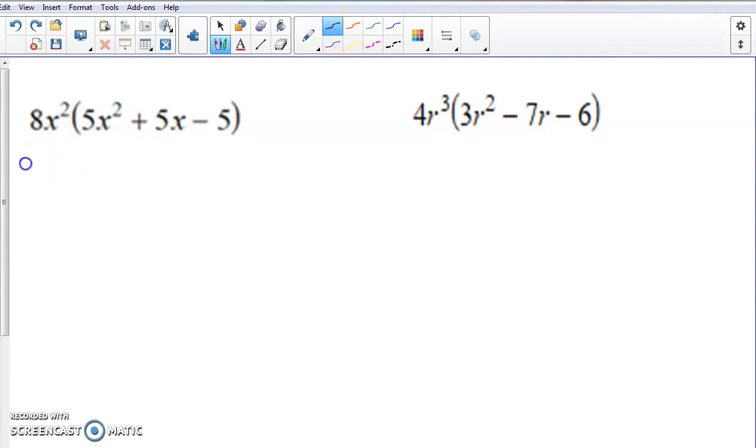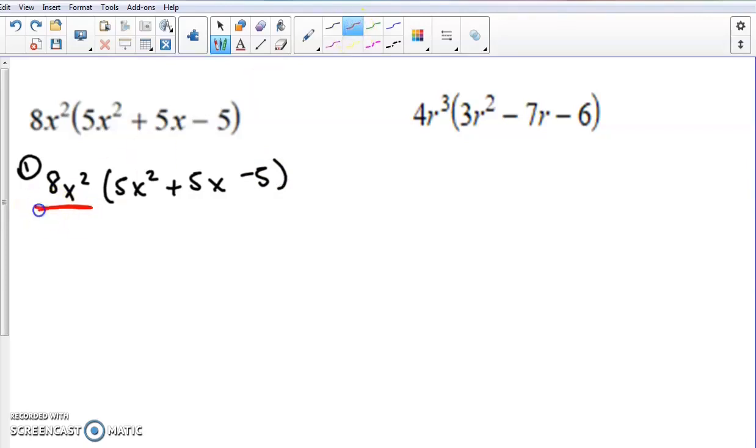So example 1. We're given 8x squared times 5x squared plus 5x minus 5. Now this is just a good old-fashioned distributive property because we just have one term on the outside of the parenthesis that we're going to multiply to all terms inside the parenthesis.